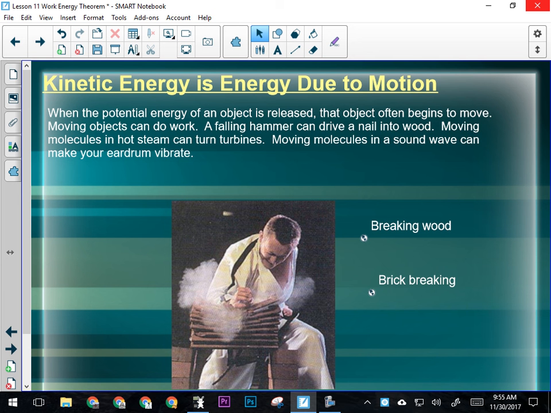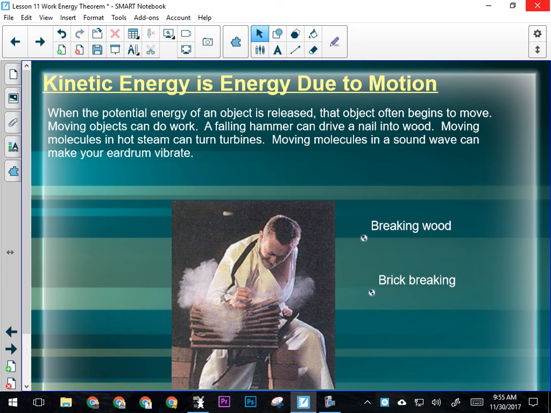You've got the mass of the other bricks you've broken pushing on the others. But there does have to be a space of a certain amount between there to allow the brick to break and for your force to be transferred down to the next one. If there's no space, you have to break the whole thing with one shot, and nobody's going to do that. So that's using kinetic energy to do work, changing the shape of the bricks.